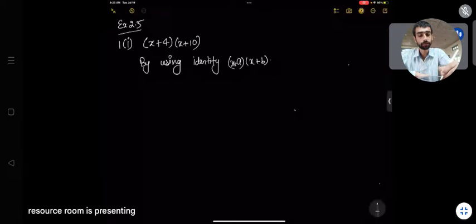Ramika, what is the formula for the identity x plus a into x plus b equals to? Correct. Next, Angelina, by using this identity, how can we multiply them?